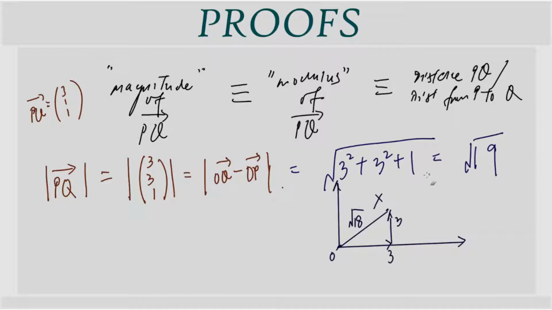Now I'm going to introduce an additional axis, the z-axis. The z-axis is into the page. Just imagine it's into the page, and you have a point traveling parallel to the z-axis, 1 unit into the page.